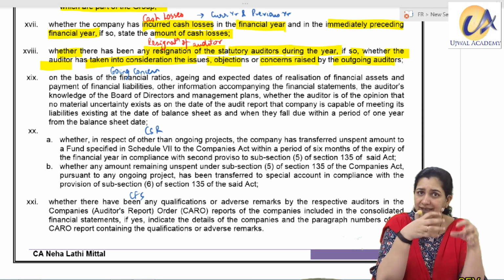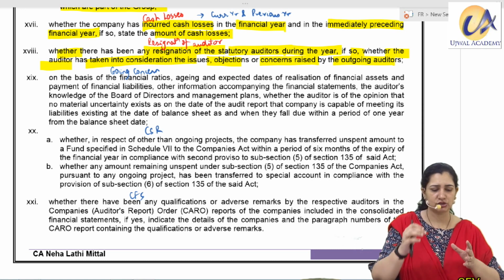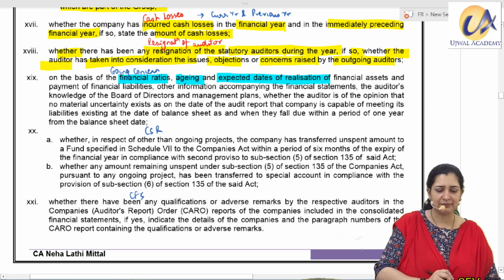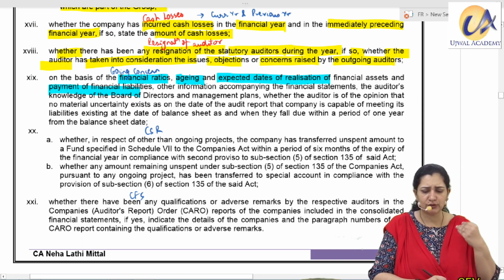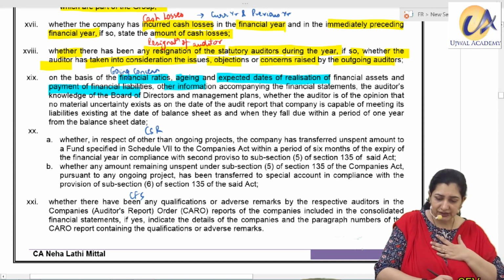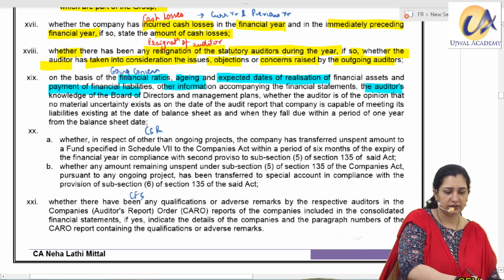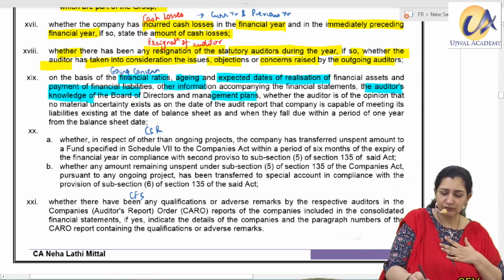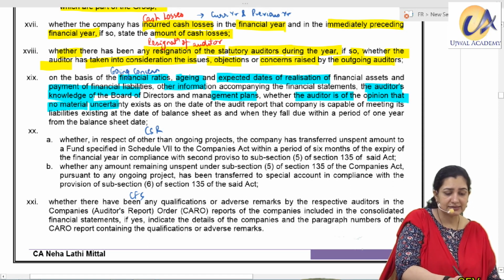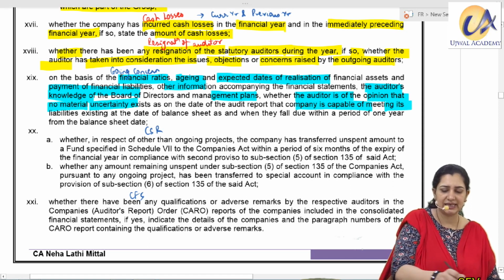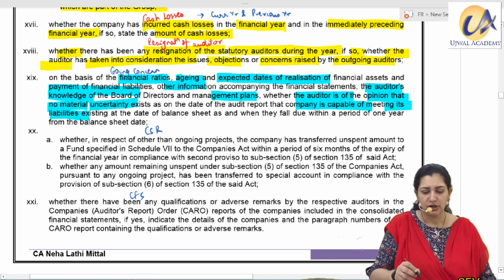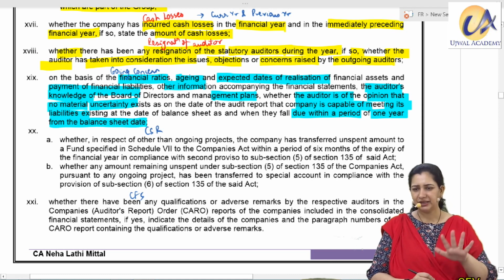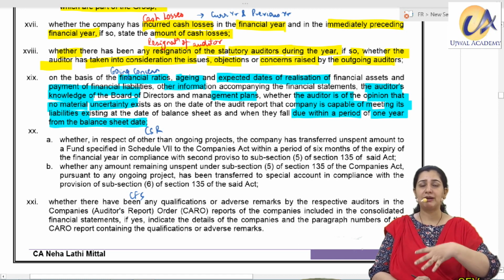So now, based on the analysis of these ratios, based on the analysis of the aging that they have given, okay, the dates of realization of assets, liabilities, etc., basically on whatever we have observed on the other information, do we as auditors believe, right? The auditors' knowledge of their plans, management plans, etc., are we of the opinion that there is any uncertainty regarding the company's capability of meeting their liabilities, which is payable within a period of 1 year from the balance sheet date?